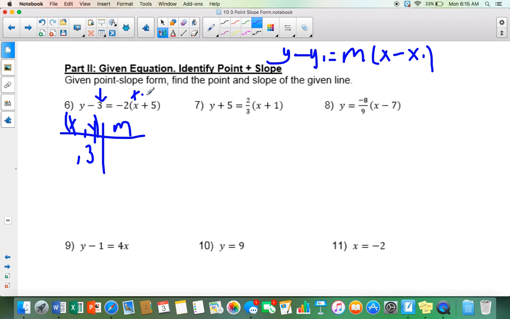It says x plus 5, which means my x must have been a -5 because my formula had to be changed to a plus. Okay, so if you look back at our ones that we did before, you'll see that this is the case. Then obviously our slope, that's a really easy one, would be -2. Okay?